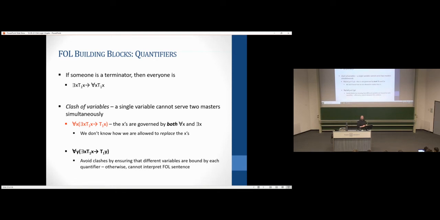But how would the first sentence on top change meaning if we took out the universal quantifier? If we just took out this quantifier, you mean? Well, for one thing, it would be ungrammatical.